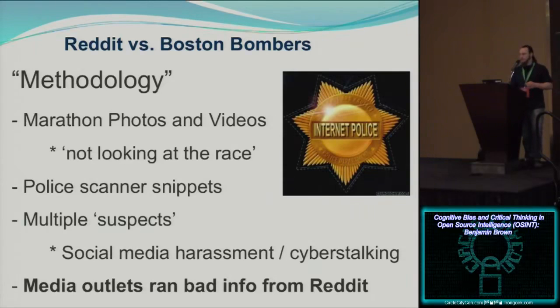These are all sketchy ways of looking at this data, as most of it is not high quality. They also looked at police scanner snippets, taking them out of context. And in the course of doing this detective work, they named multiple suspects.